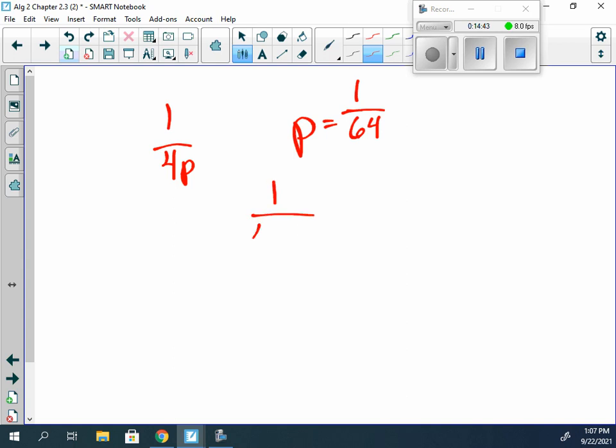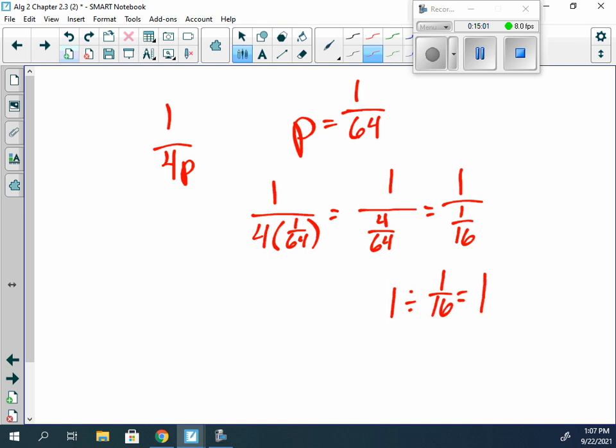That'd be 1 over 4 times 1/64, which is 1 over 4/64, which is really just saying 1 over 1/16. 1 divided by 1/16 is the same as 1 times 16 over 1, which is just 16. So wait a minute, the value of p got smaller, but the overall number in front of the parentheses got bigger, yes?